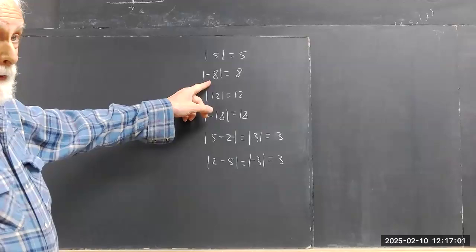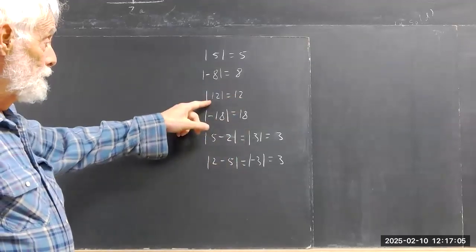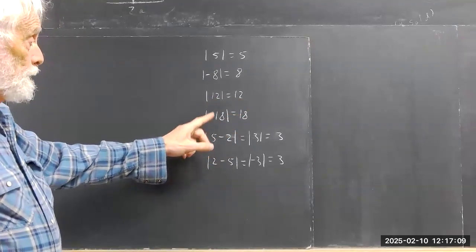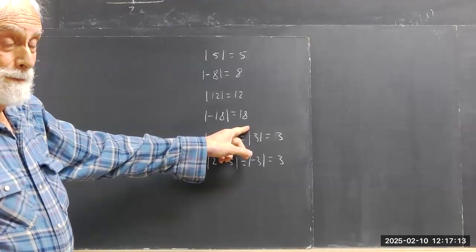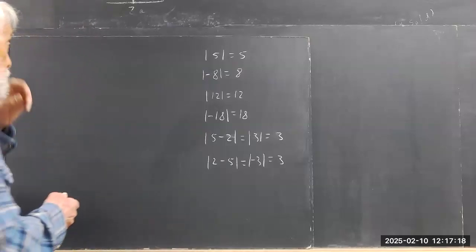What's the negative of -8? This one is positive, so that's the absolute value. This one's negative, so you just take the negative of that and you get 18. Now, I just mentioned that. We'll see why that's important very shortly.